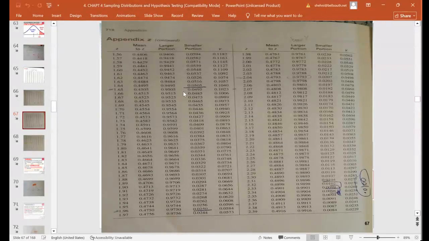Not much difference. But the closest, you could use either one of them. The underlined one, 5 over, would be 1.64. And the one underneath, 1.65. Either one is correct.